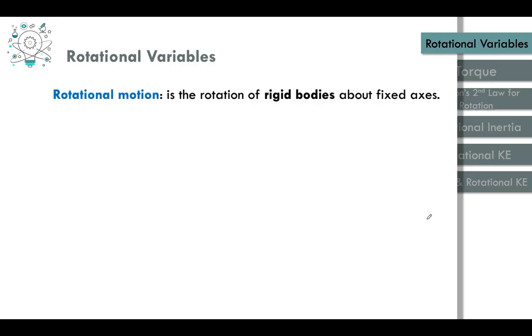Okay, so to start out, let's just review some of our rotational variables here. Rotational motion is the rotation of a rigid body about some fixed axis, which is usually its center of mass.